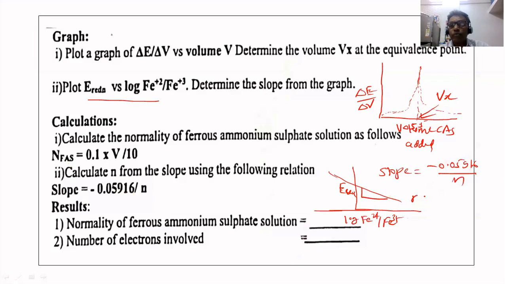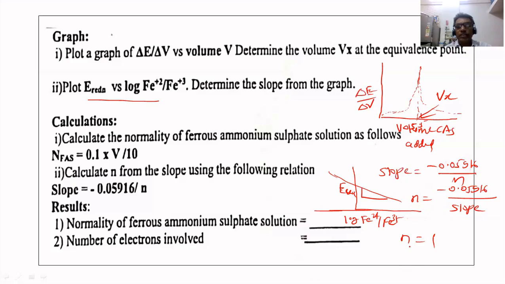So n is equal to minus 0.05916 or 0.0592 divided by the slope. As the nature of the graph is descending, the slope becomes negative, so negative, negative, positive. So the number of electrons released during the reaction, the expected answer, should be equal to 1.